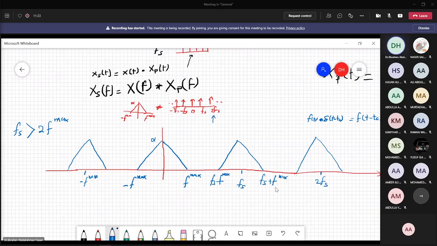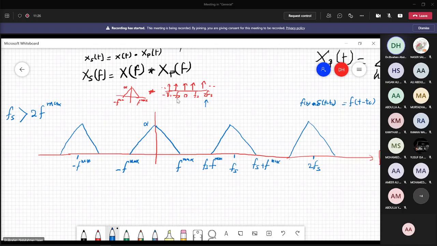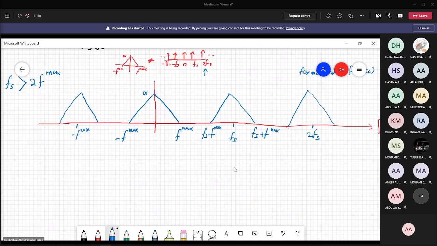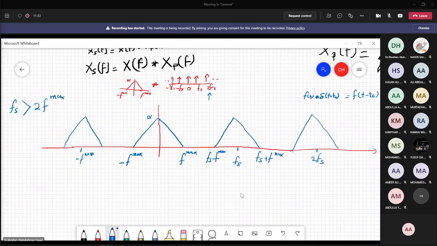طيب, what will happen if I reduce Fs? اللي بيصير الآتي. So if you reduce Fs, then this one will move because the Fs, instead of getting it here, I will get it somewhere here. فاللي بيصير الآتي.